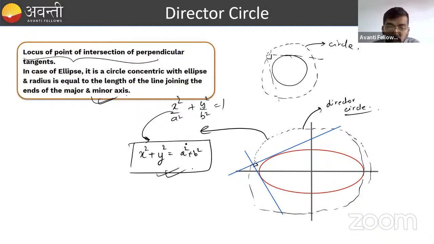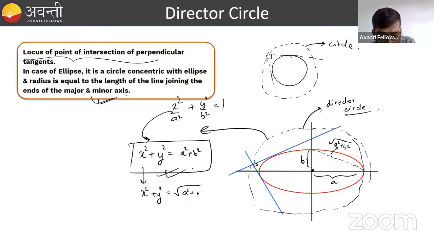From this, what we can conclude is what is the radius of the circle? See, we already know that this length is a and this length is b, right? So applying Pythagoras theorem in this triangle, you can say that this length is under root of a square plus b square, right? So now I can also write this equation as x square plus y square equals to under root of a square plus b square, whole square.